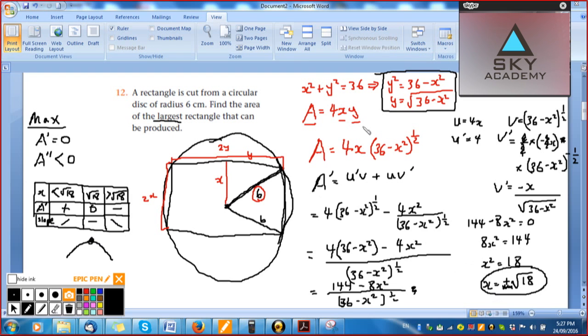The other length, we basically put it into this formula and work it out. Do you want to work it out? I reckon the answer is 72. That's my guess.